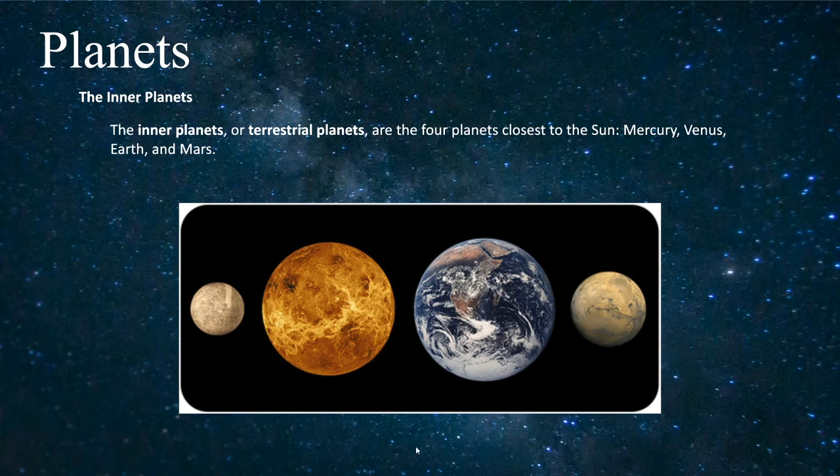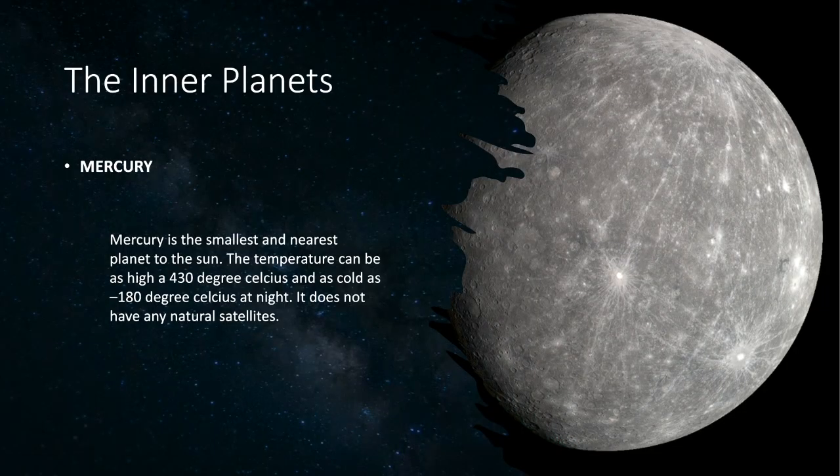This composite shows the relative sizes of the 4 inner planets from left to right. The first planet we are going to look at today is the planet Mercury.